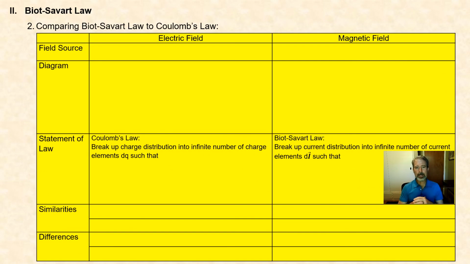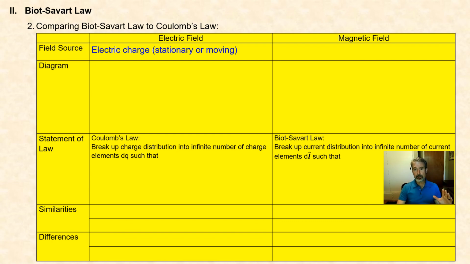So what I want to do here is make a comparison between how Coulomb's law can be used to describe the electric field, something we're very familiar with from our unit on electrostatics, and how the Biot-Savart law can be used to describe the magnetic field. Starting with the source of the field in each case, as you well know, it's electric charges that give rise to electric fields, regardless of whether those charges are at rest or in motion.